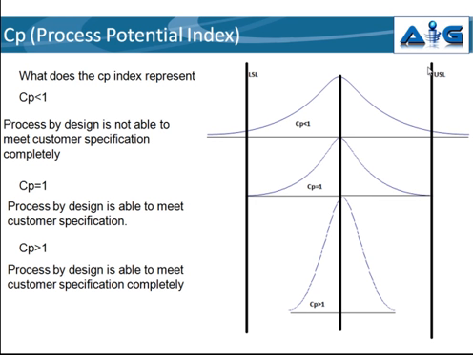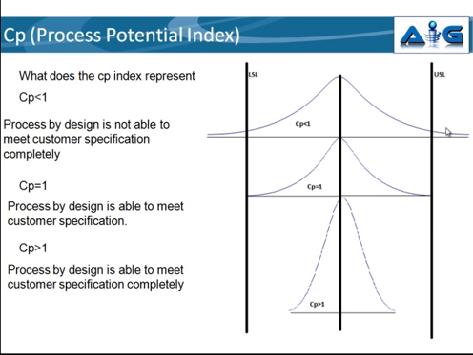So when CP of your process is smaller than 1, that means the normal variation of your process is greater than the allowable variation. That means some part of your process will be performing outside the specification range. See here, this is LSL, this is USL, and some portion of the process is performing outside LSL and some portion outside USL.